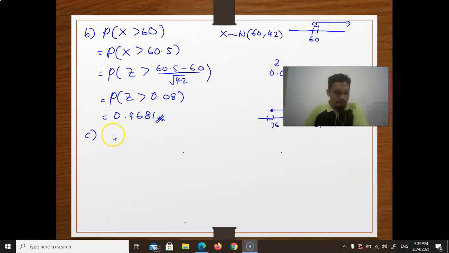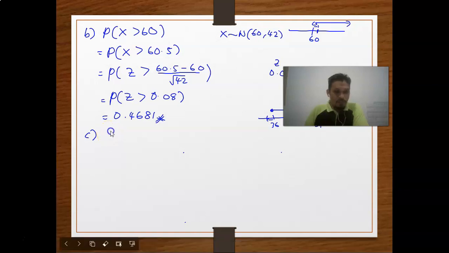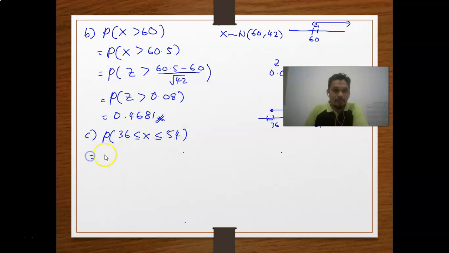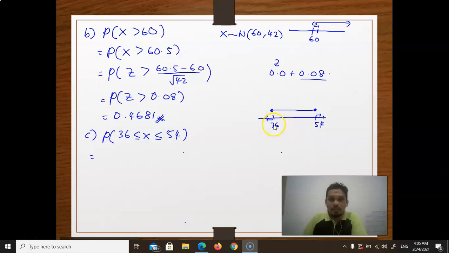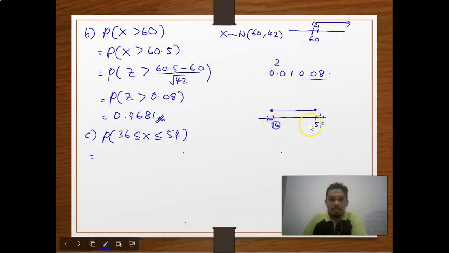Okay, now for C, probability of X greater than 36 and less than or equal to 54. So it is between 36 and 54, so we add extra 0.5 here and also extra here.